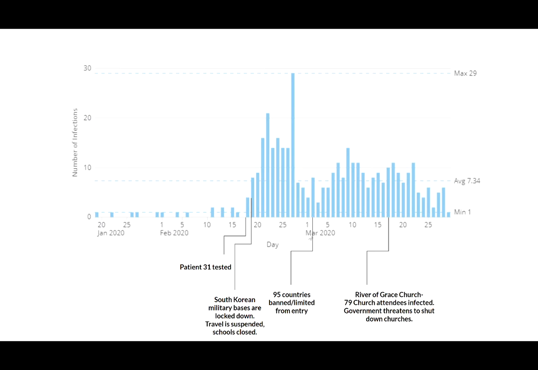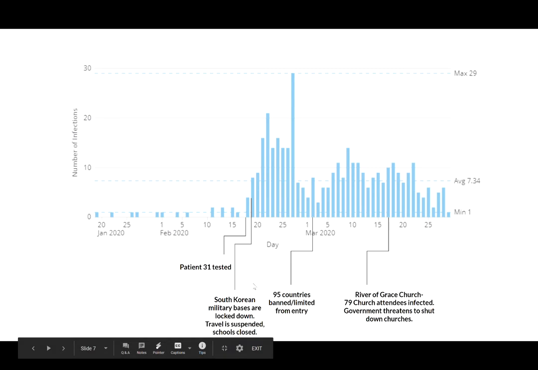And so the government interventions seem to have some sort of impact on the amount of infections, or at least decreasing the amount of infections, because after this peak it seems to go down, and that's right before they shut down a lot of the public spaces.